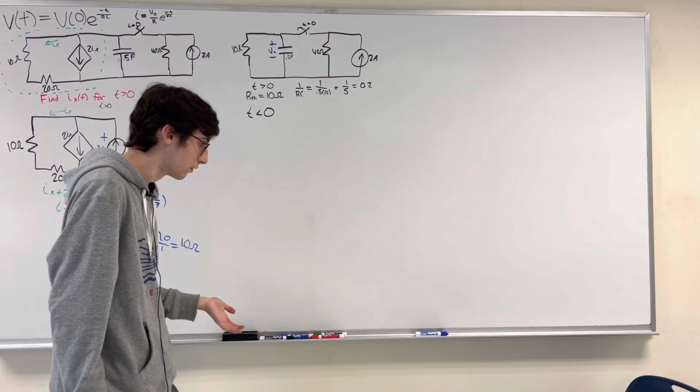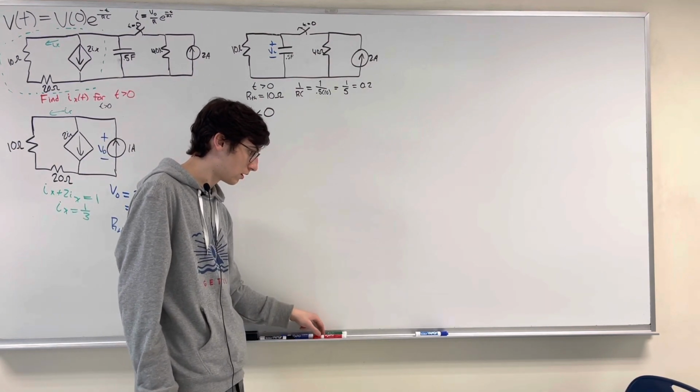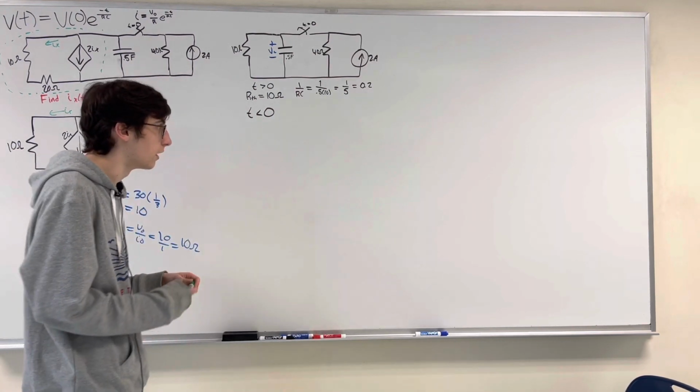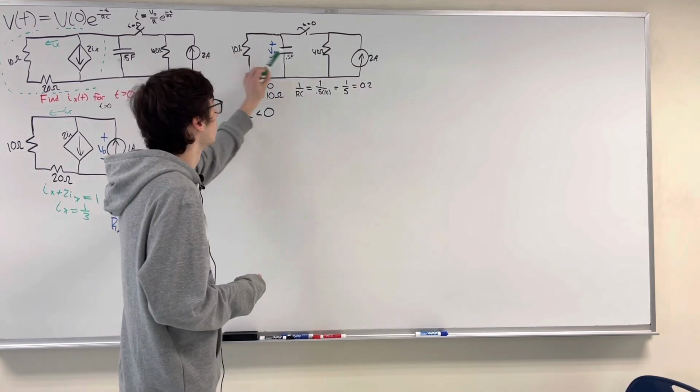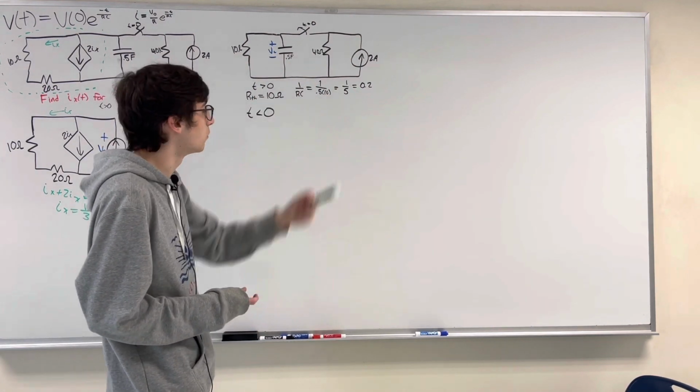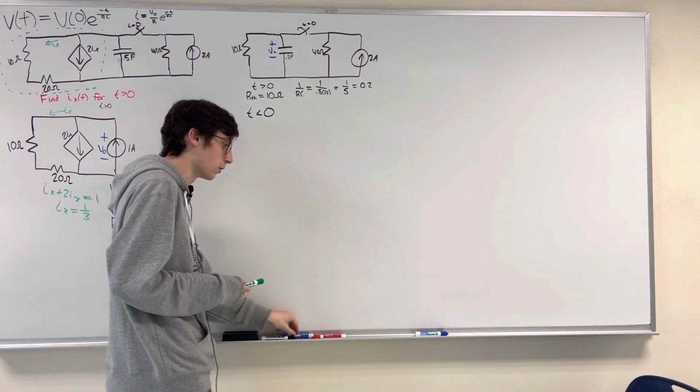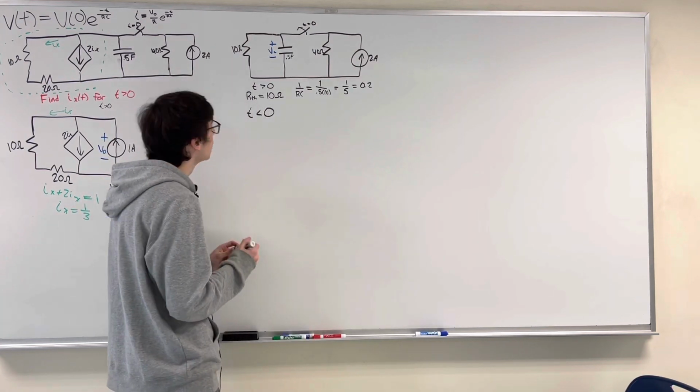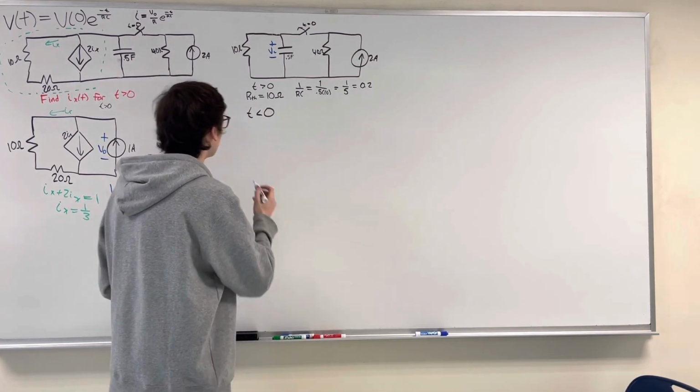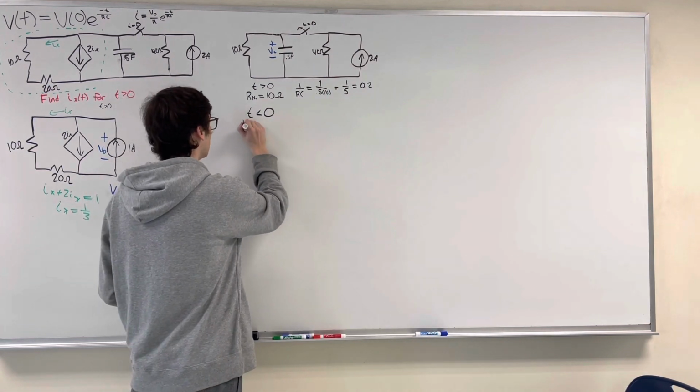So you can do this 2 different ways. You can simply find the equivalent resistance of the circuit and then do Ohm's law, which I guess is what I will do. So 10 and 40 in parallel.